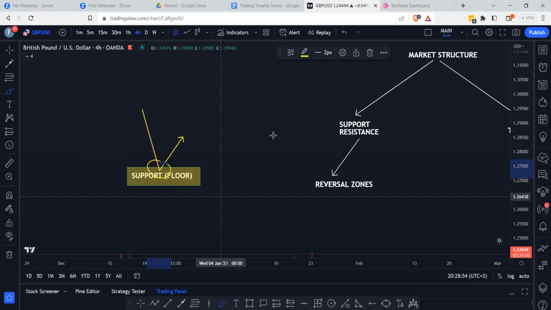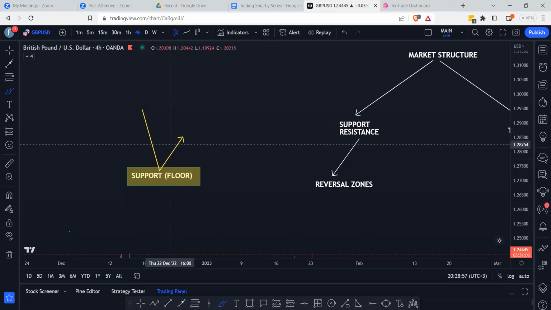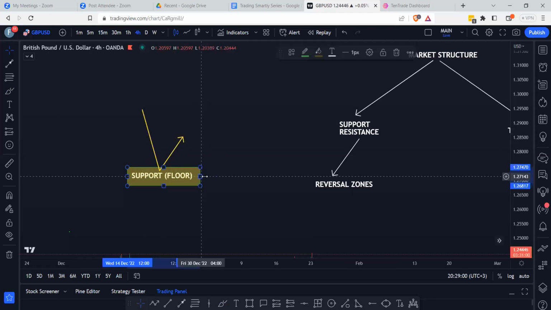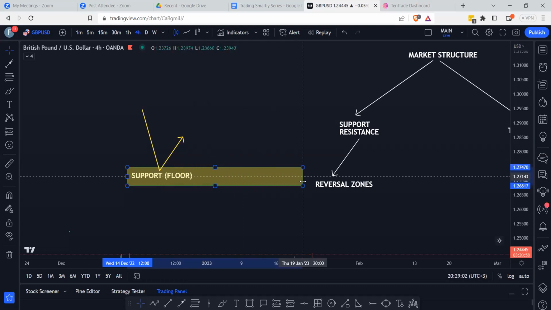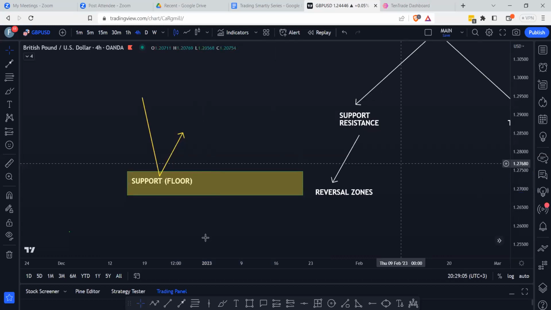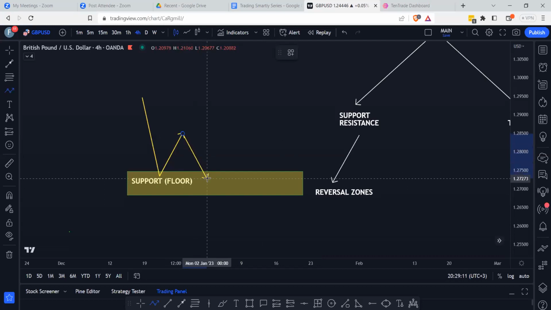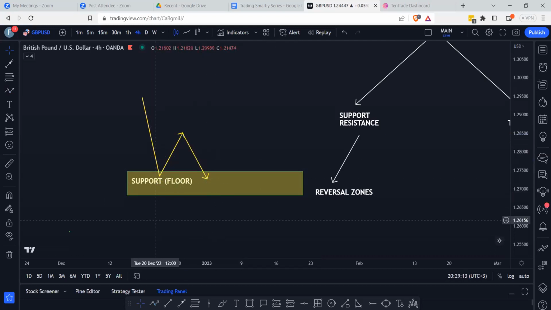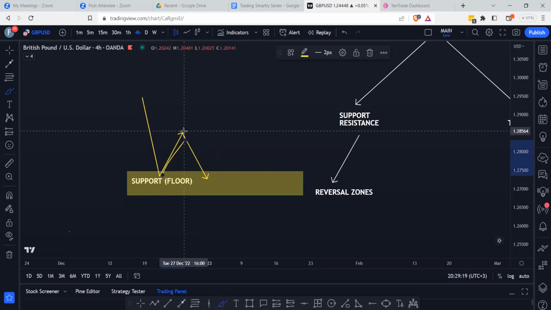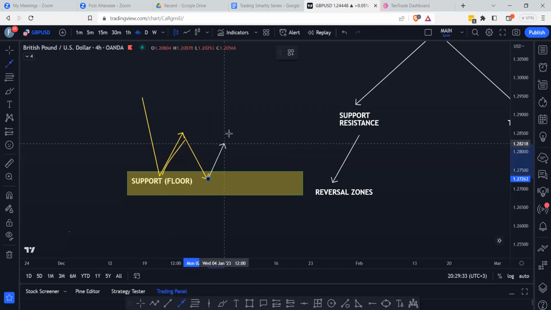So we are going to draw it and bring it to a future area here, so that if price should come back into this zone, because this zone pushed price up in the past, then if we see a retracement or a return into that zone, based on what happened in the past, we can also anticipate an upward movement in price.